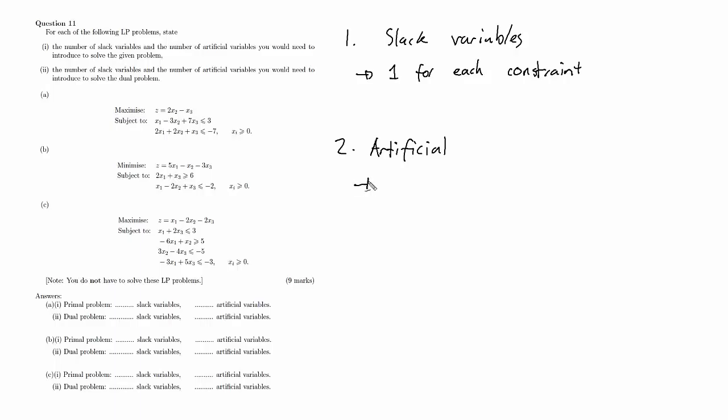For artificial variables, you have to do a little bit more thinking. We have 2 possible forms of constraints that will introduce an artificial variable. One is of the form a1x1 plus a2x2 plus so on and so forth up to anxn is greater than or equal to b, where b is positive.